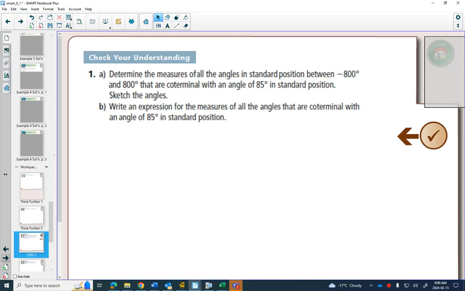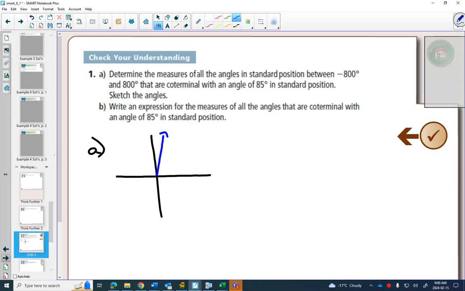So in part A, we're going to draw an angle of 85 degrees in standard position. And we need to list all the angles that are coterminal between -800 and 800.